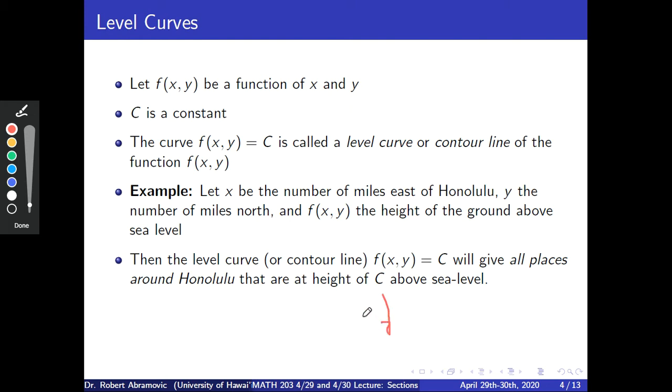So if we drew this diagram again, we have east, north. This contour line here would represent all places, say, that are 10 feet above sea level.